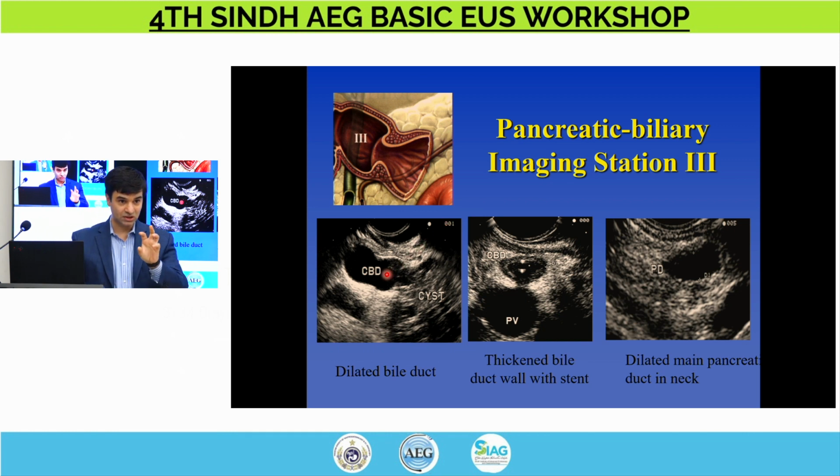So don't focus only on your target lesion, focus also on what is located behind it. And in this area in the duodenal bulb, you have the bile duct, and it's fantastic, it's a nice big target. But if you introduce your instrument further down, the structure that you're going to hit is the portal vein. And that is what you want to avoid.